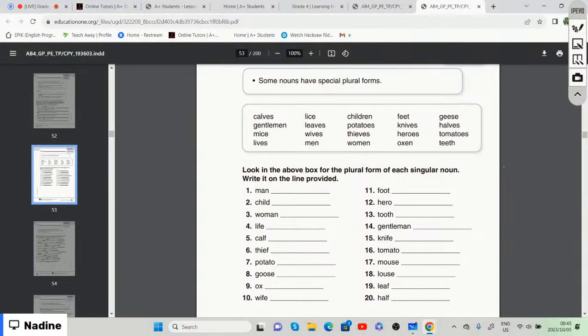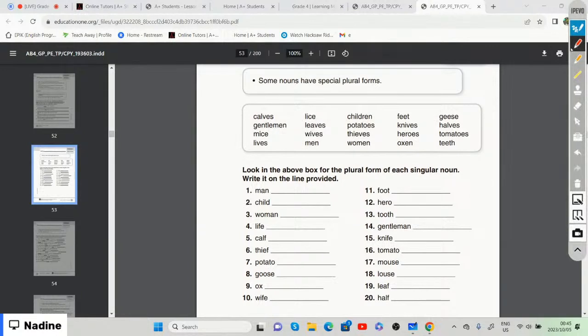We need to choose one of these words in the box and write it next to the singular form. If we choose the correct word, then we will say the plural form of man is men, so we will write men next to it.